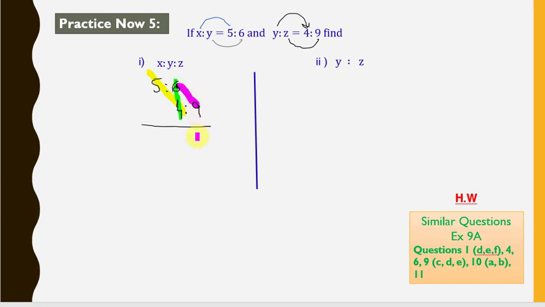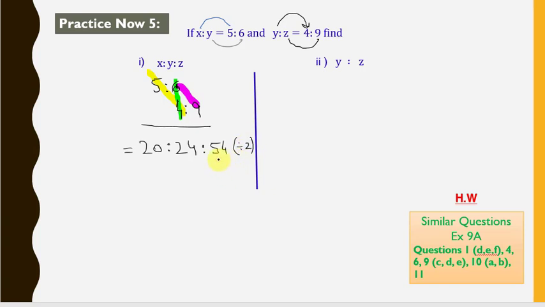Now we will multiply 5 into 4, then 4 into 6, then 6 into 9, the same formula. Fine. So 4 times 5, that is 20. 6 times 4, that is 24. 6 times 9, 54. Now we will further simplify it by dividing by 2.